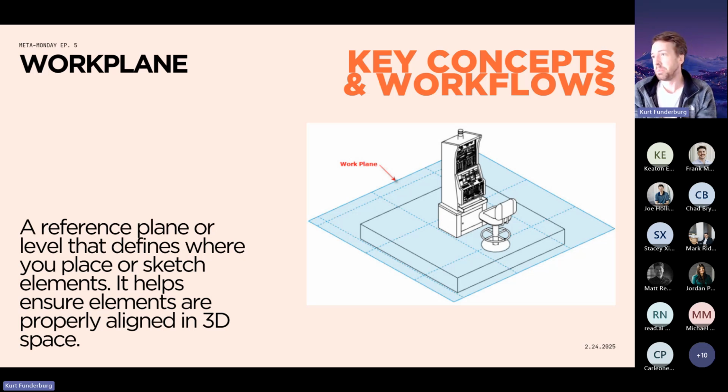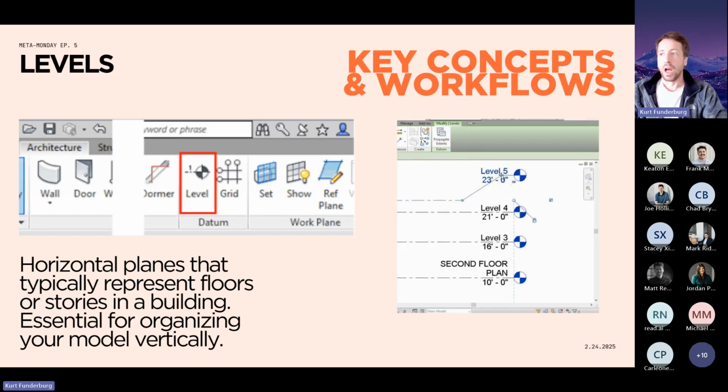So it's the thing in space that we attach things to, and then we can modify where that work plane is. A great example of a work plane in Revit is a level. Levels are typically where we put our benchmarks for our floors.